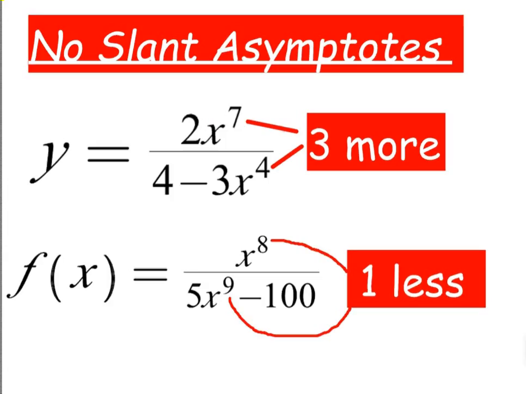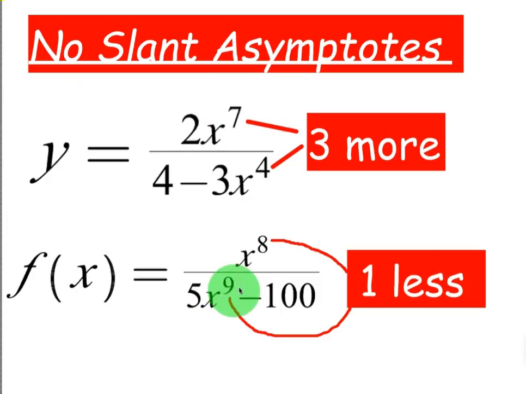So next, we're going to look at 2 examples of equations or formulas that don't. So, we have y equals 2x to the 7th over 4 minus 3x to the 4th. Well, 7 is bigger than 4, but it's not 1 more. It's got to be exactly 1 more. So this would not have a slant asymptote. Here, it almost looks like it would work, but the power is bigger on the bottom.